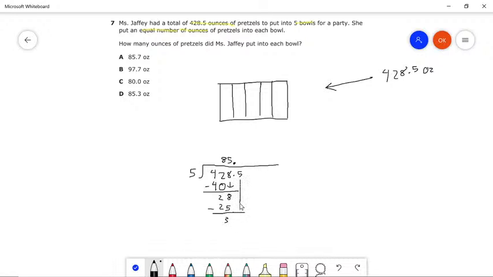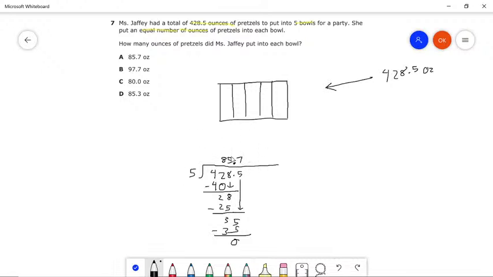So bring the 5 down here. 5 times 7 is 35, so we would put the 7 right here, and then 35. So this would be our answer.